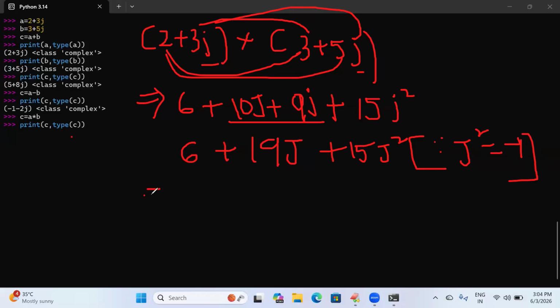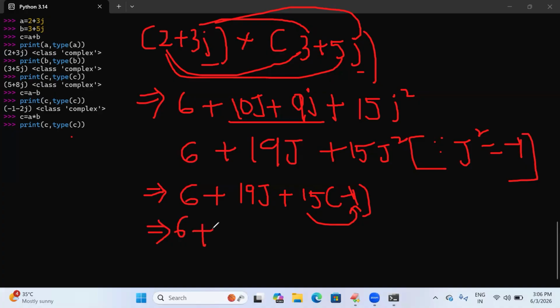So that implies 6 plus 19j plus 15 times minus 1 in the place of j square. 6 plus 19j minus 15.